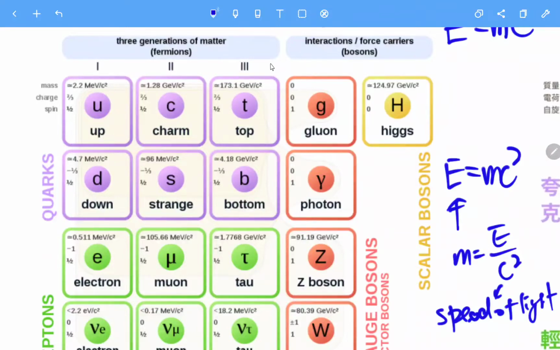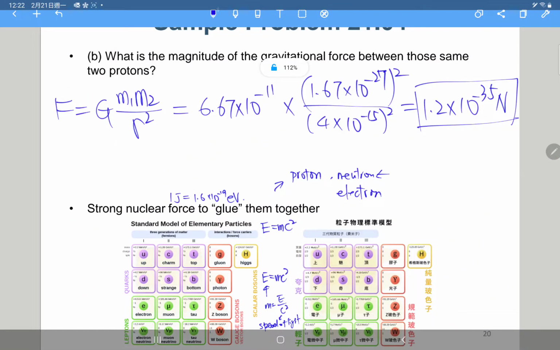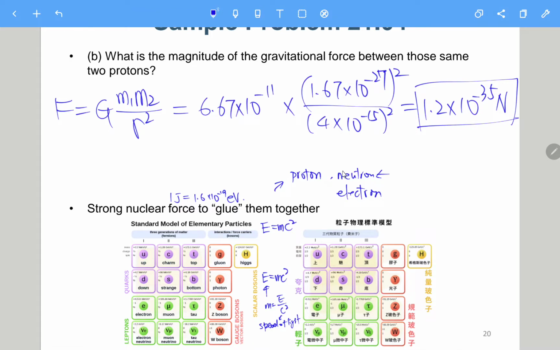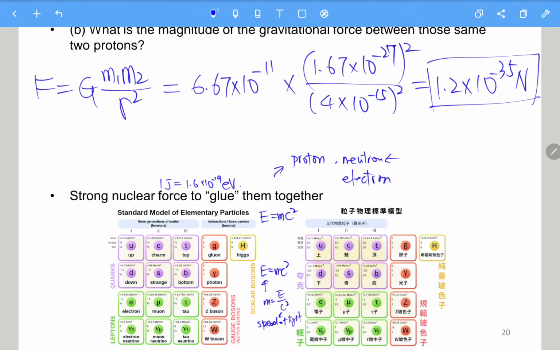Maybe there will be a fourth generation, but it needs even larger energy to really find whether it exists. So the point of the particle accelerator is for this particle physics research.